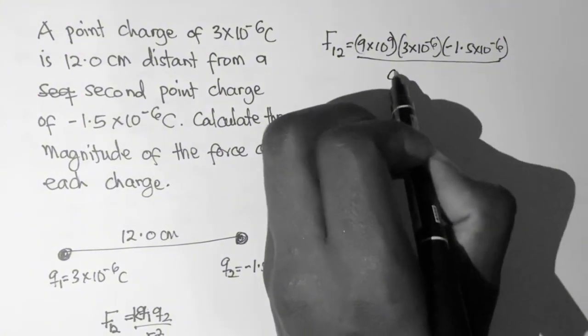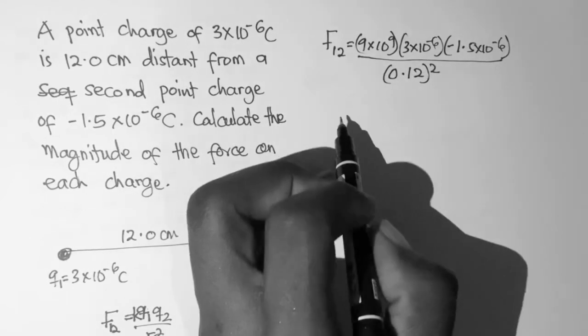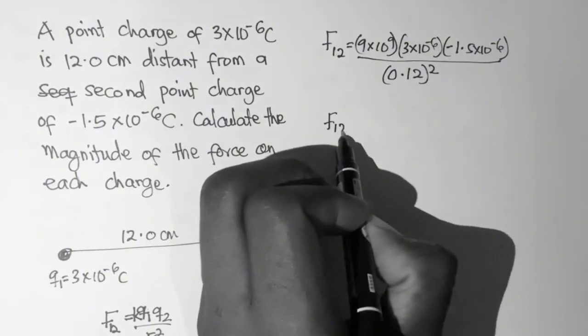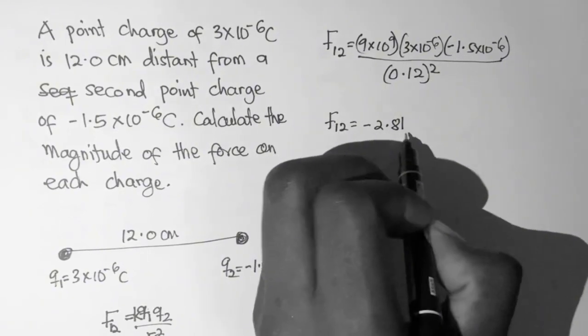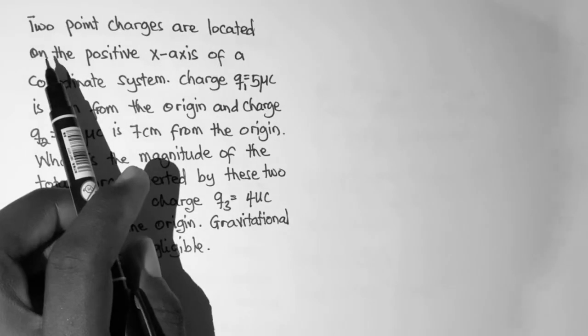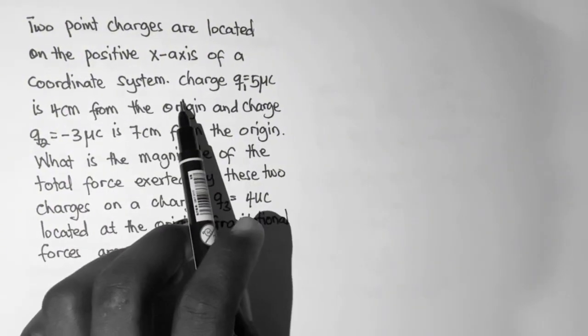Now 12 centimeters is the same as 0.12 meters squared. So if you do all of this, F12 is equal to minus 2.81 newtons.